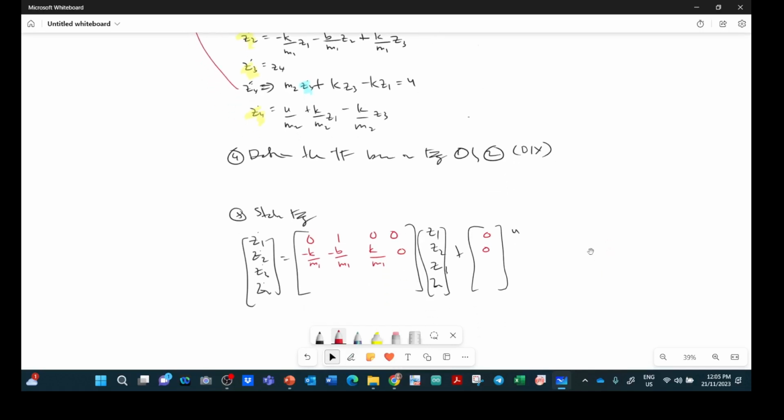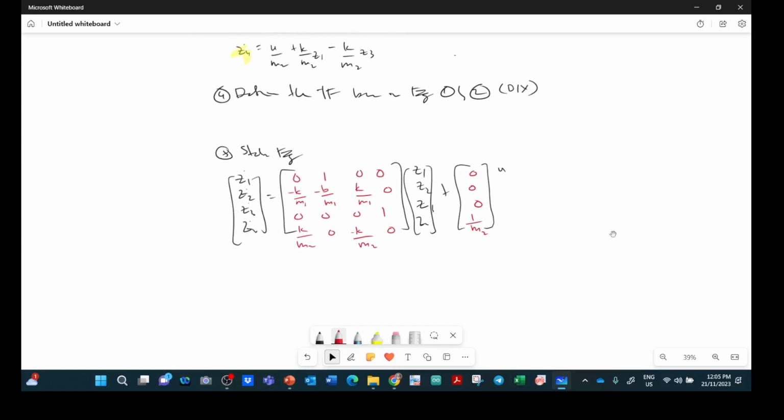Okay, z3 dot is equal to z4, so 0, 0, 0, 1. No input. z4 dot equal to u over m2, so you have input here. So 1 over m2. z1 you have k over m2. You don't have z2. z3 minus k over m2 and no z4. Okay. Check if it is correct or not.